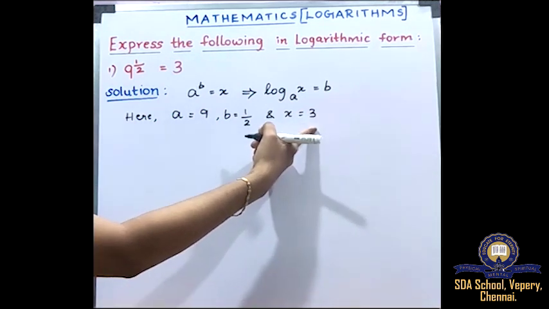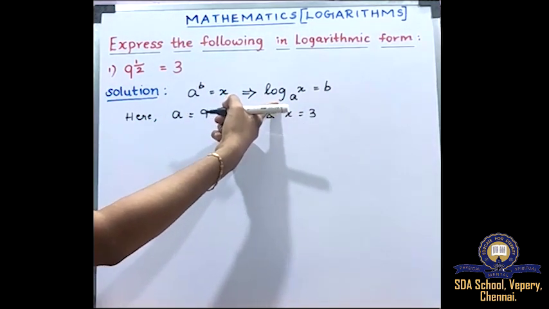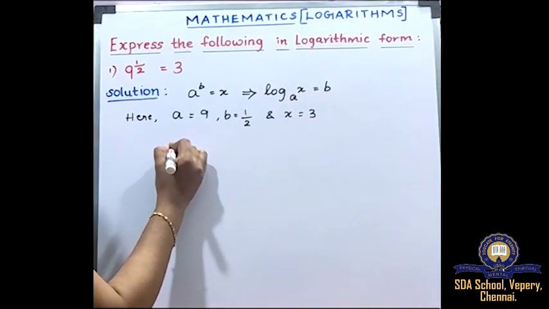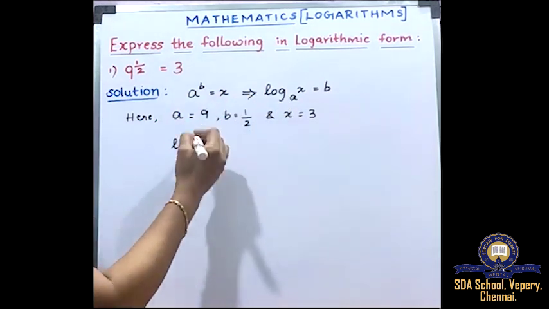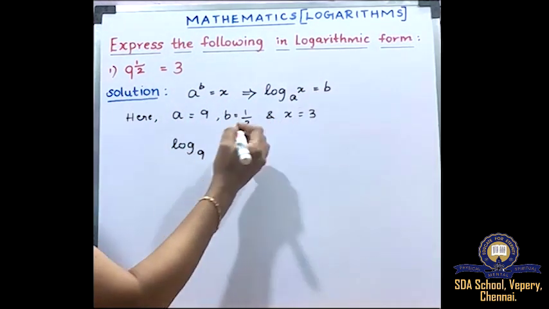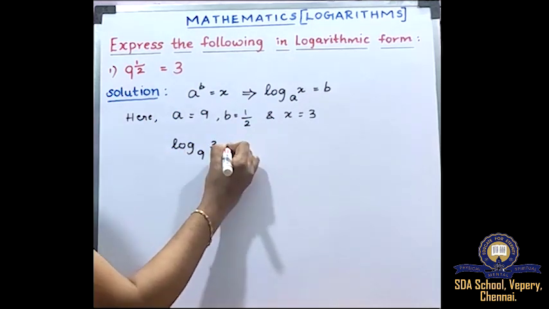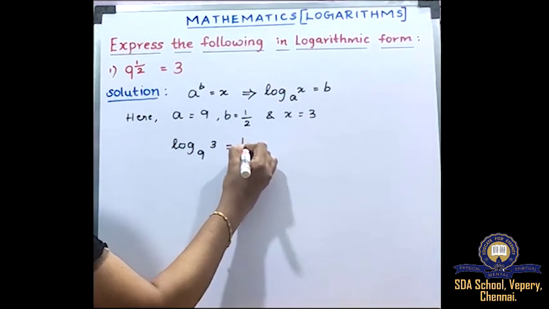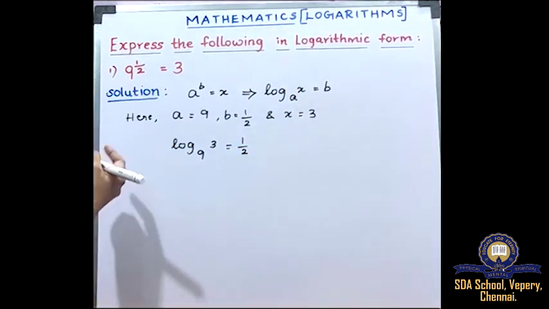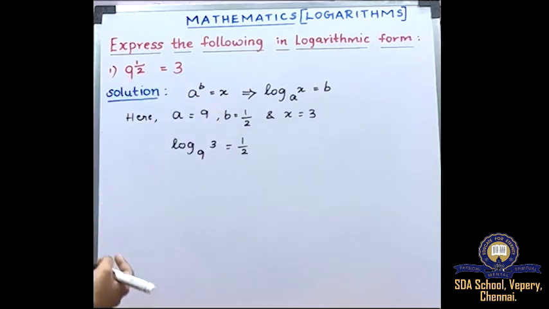Now if you substitute all these values, we will get the logarithmic form, right? Log a is 9 here and x is 3. So log 3 to the base 9 equals b. The b value is 1 by 2. This is how we are going to convert the exponent form into the logarithmic form.